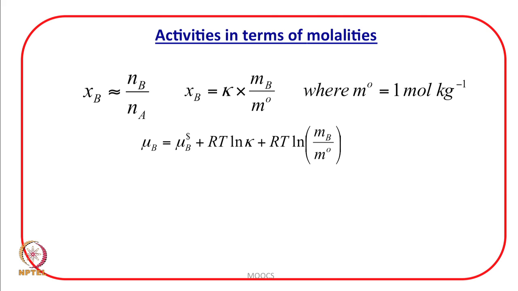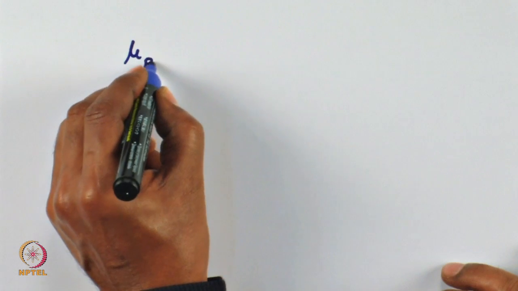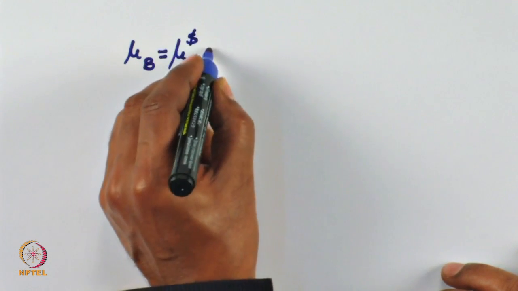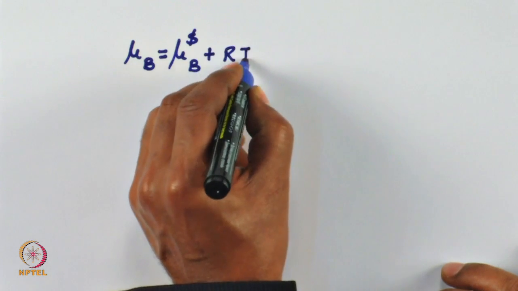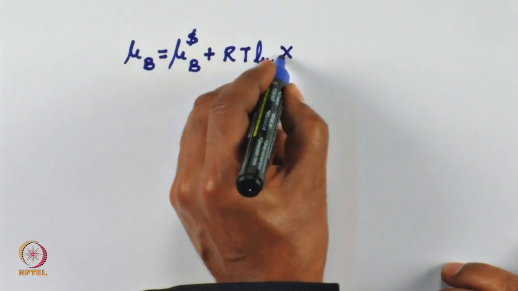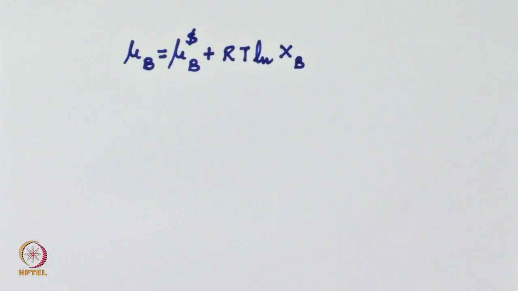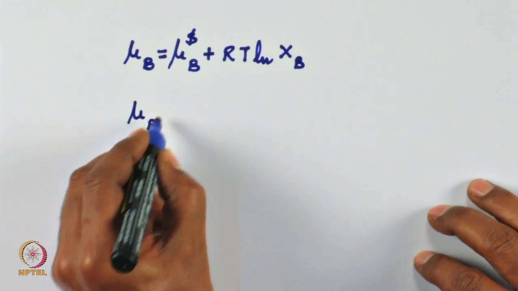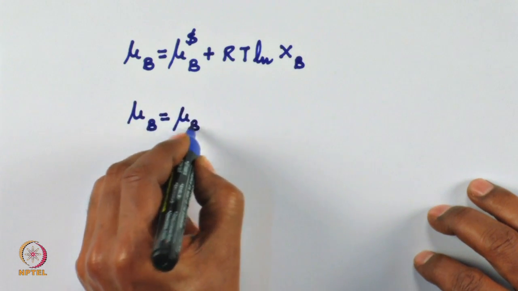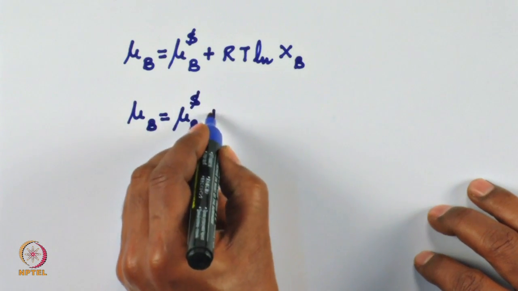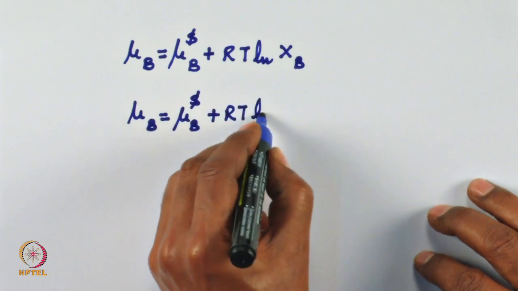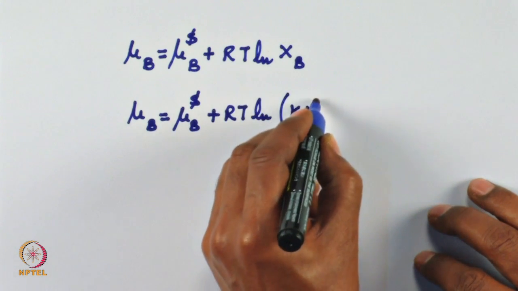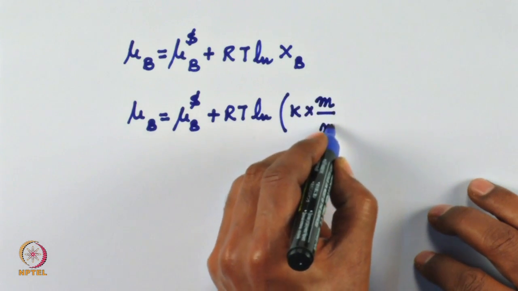You remember that mu B was written as mu B naught plus R T log x B, and what I will write now is mu B equal to mu B naught plus R T log, instead of x B, k into m by m naught.